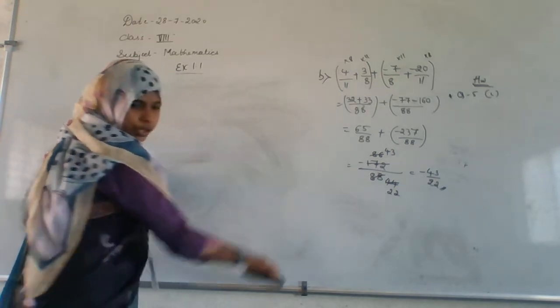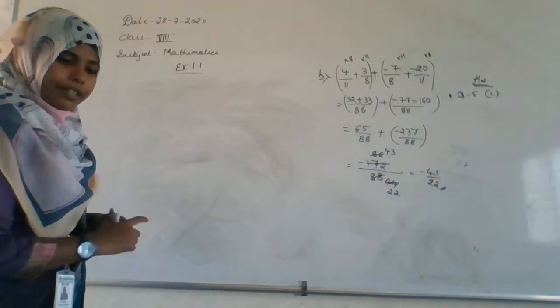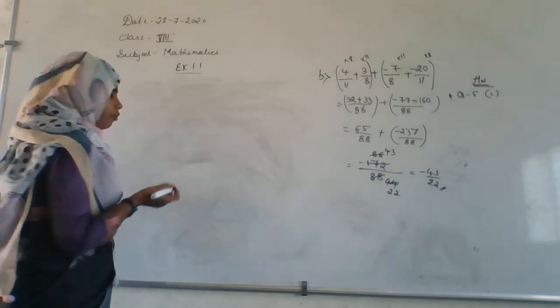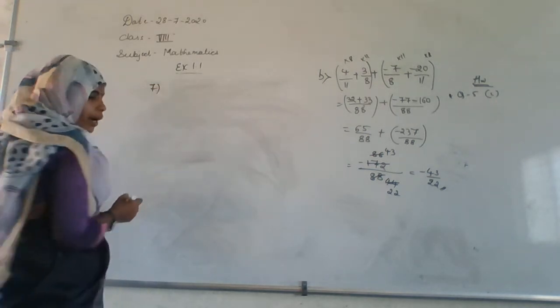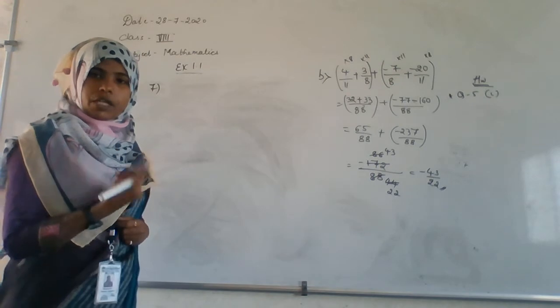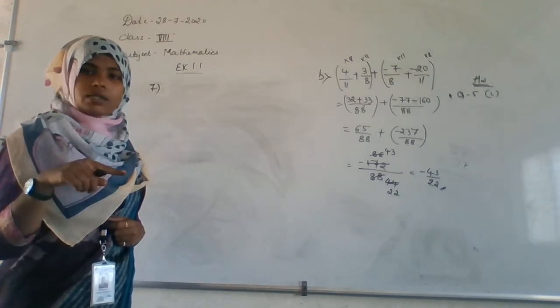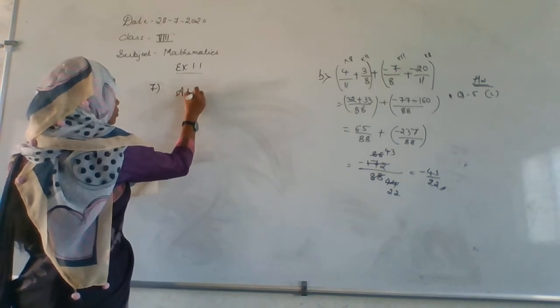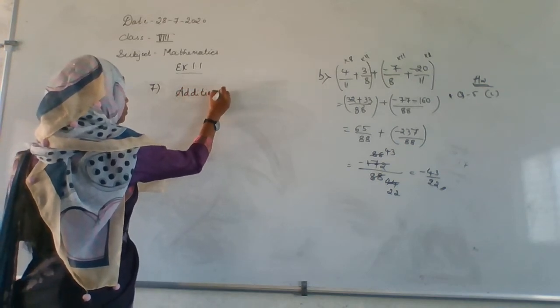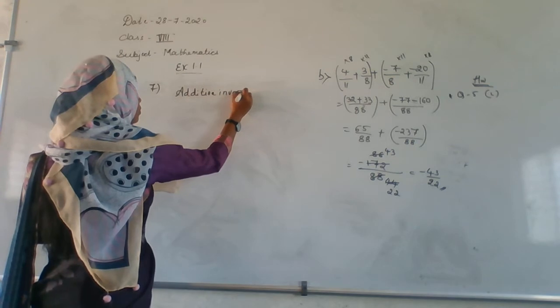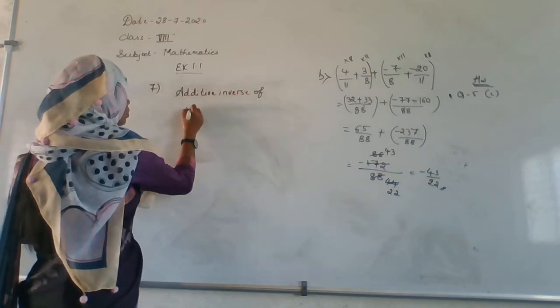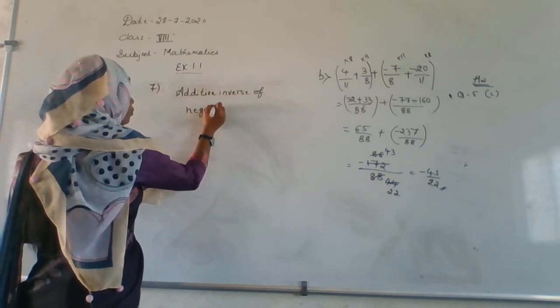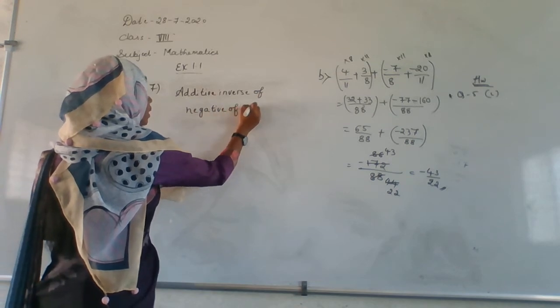The next thing is question number 7. Find the additive inverse of the negative of minus 4 by 11.